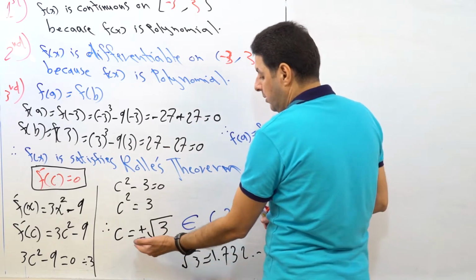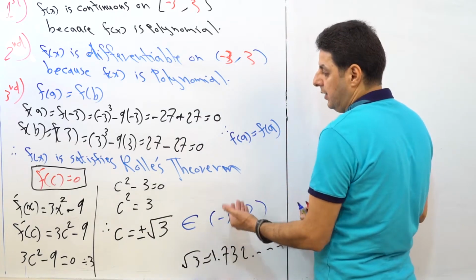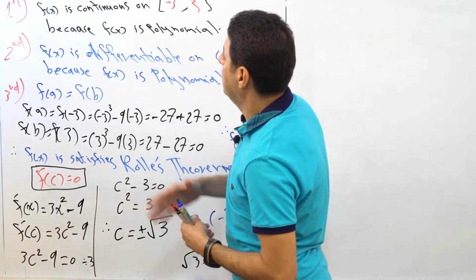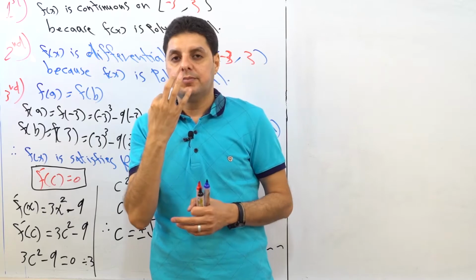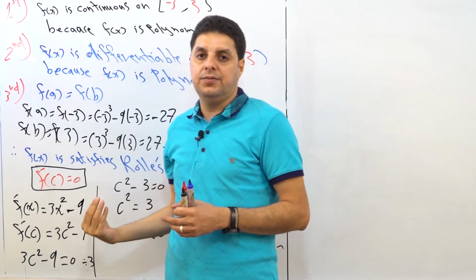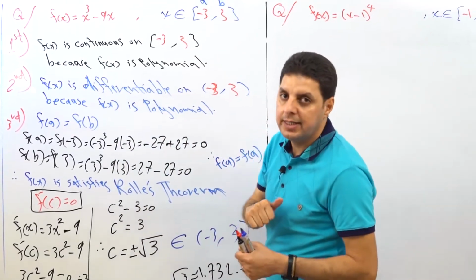That is mean square root of 3 belong to negative 3, 3. That is example about Rolle's theorem satisfies 3 conditions and value of c. Now go to other example.